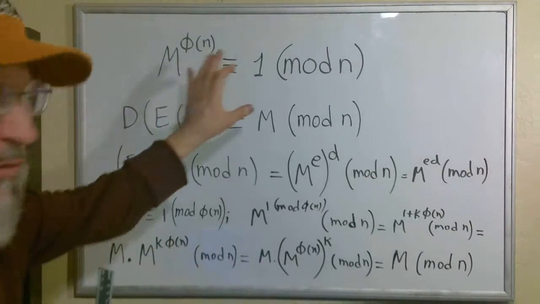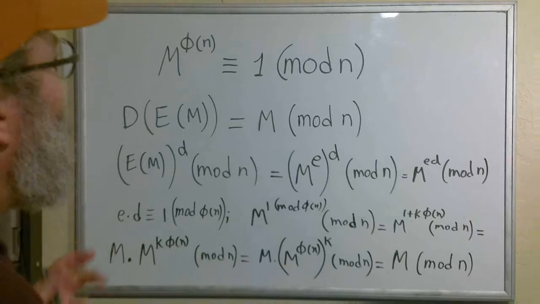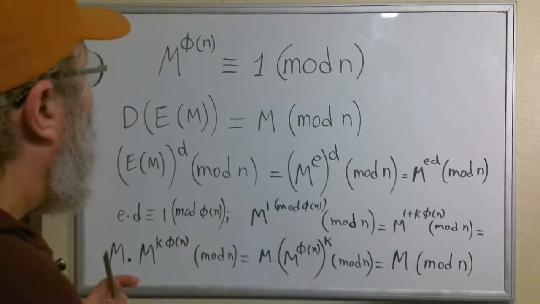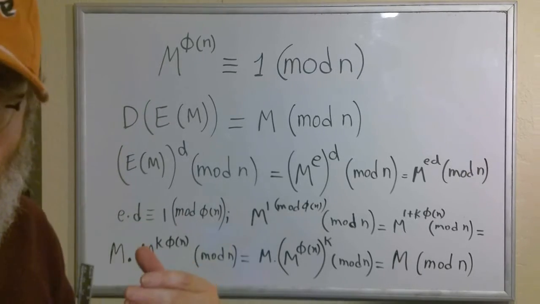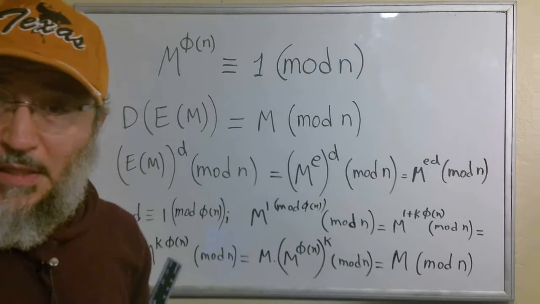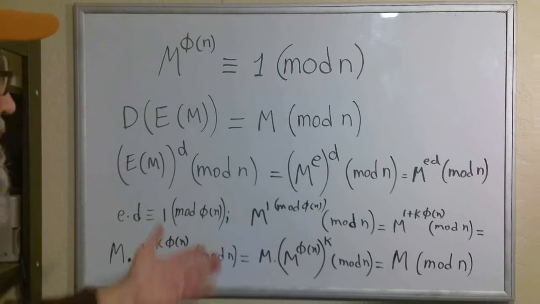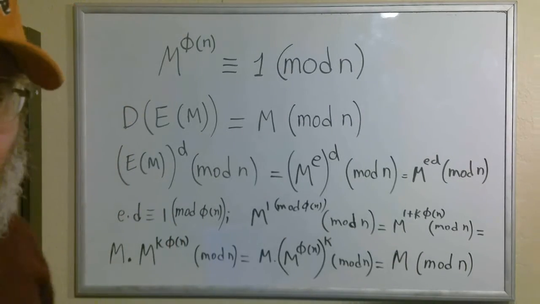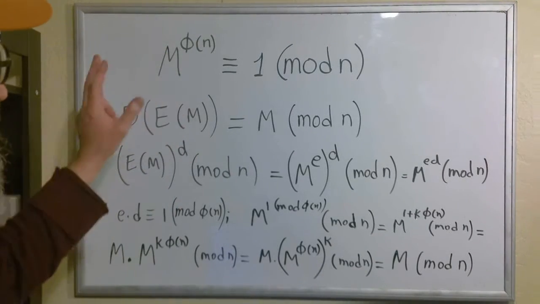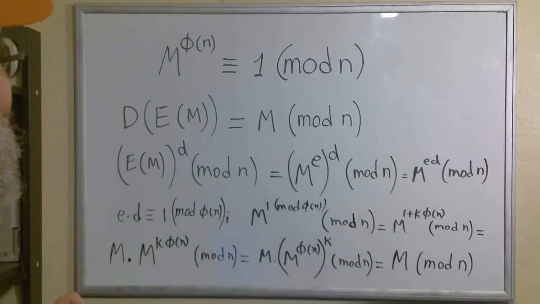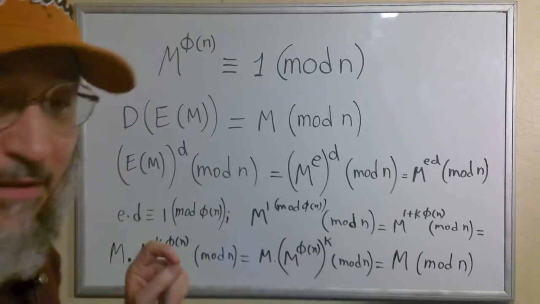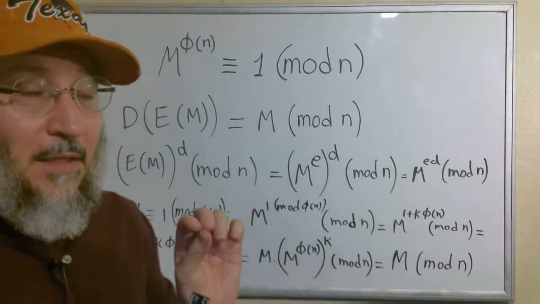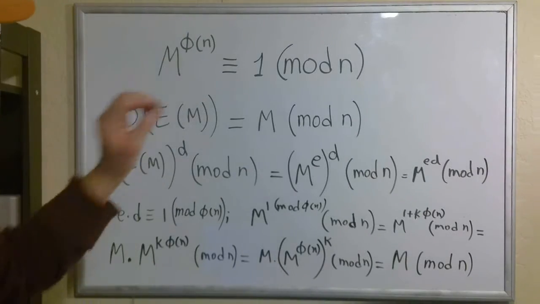All right, now let's also reflect a bit on Euler's theorem. What is it really? If we look at the components of this theorem, we see first of all m is a message, but also it's any integer, right? In asymmetric cryptography we use integers, but they also could be binary strings, right? So m is an element of that group, Z of n, and it's raised to the power of phi of n. So phi of n is Euler's function, and it's nothing but a count of how many elements we have in Z of n.